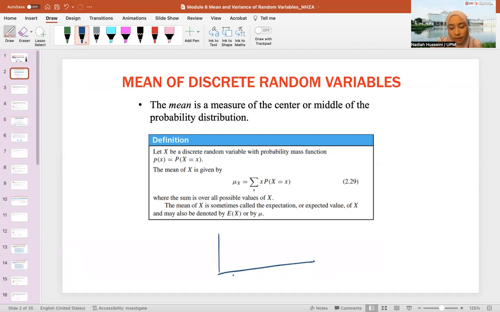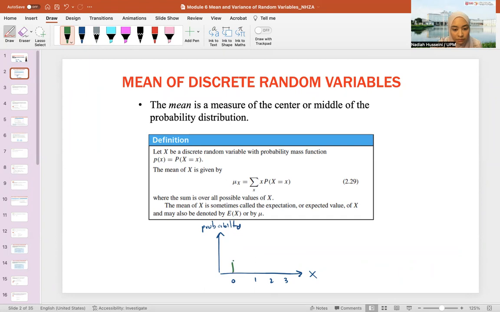Oh, this is so bad, but never mind. Okay, let me try again. So this is our X random variable, and this is going to be my probability. My random variable is 0, 1, 2, and 3. Whatever line that I put in will represent the probability for each random variable.